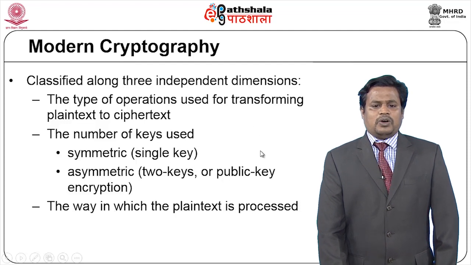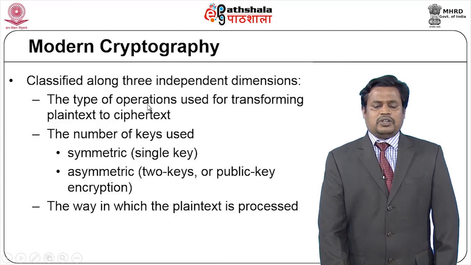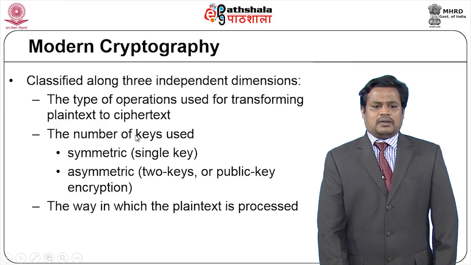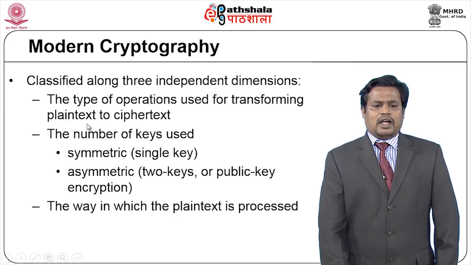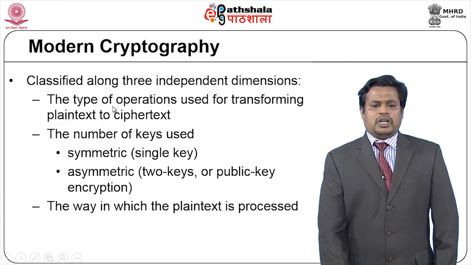So, when we want to understand cryptography, these are the three dimensions we need to understand. First, how we are going to transform the plain text to the ciphertext. In the classical crypto system, where we have seen various algorithms, we take a plain text, for example hello, and it is shifted and converted into a non-readable format, that humans may not be able to understand.